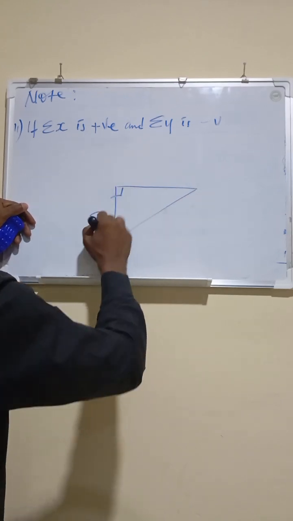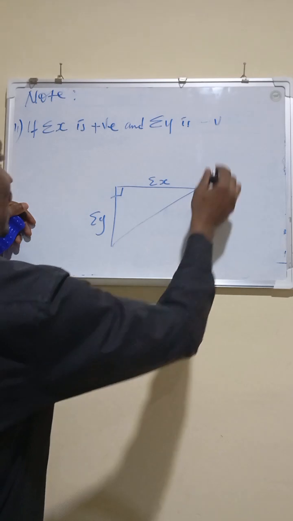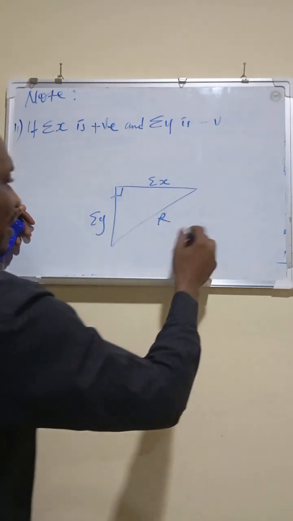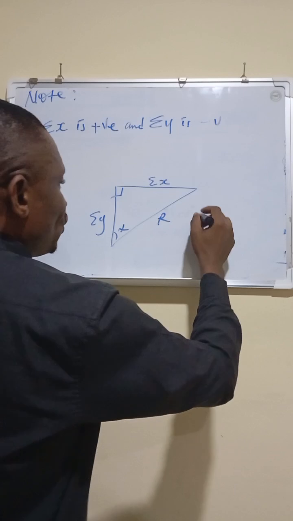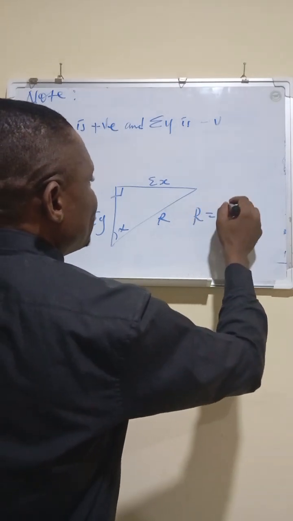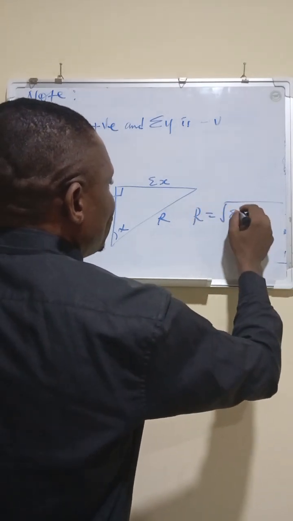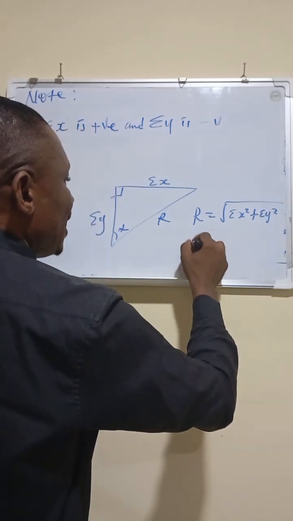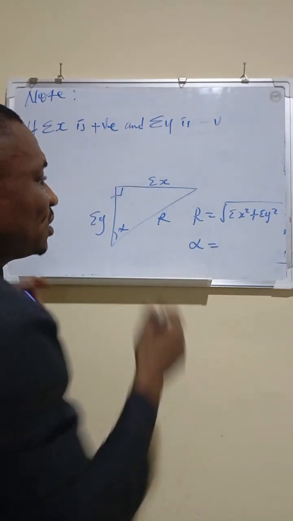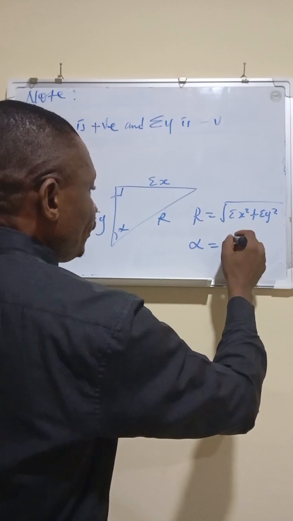So here is summation of y, here is summation of x. In the same case, this is your R. Then this will be your alpha. So our R still remains the square root of summation of x squared plus summation of y squared, and our alpha, which is the direction, will be the same.